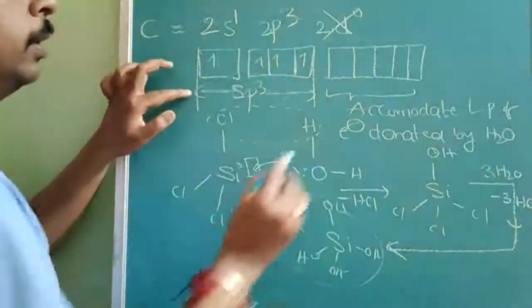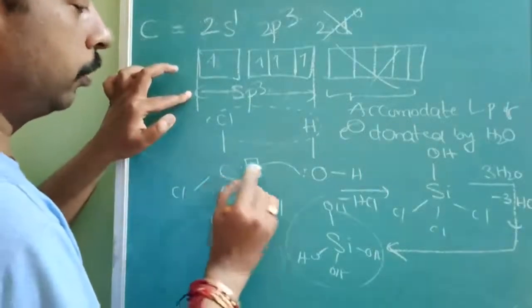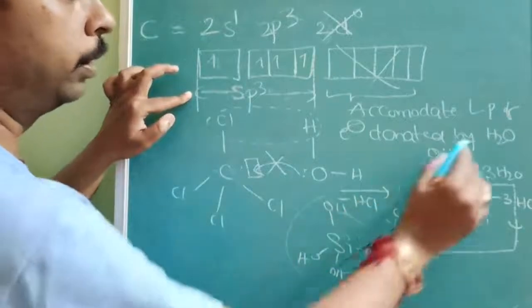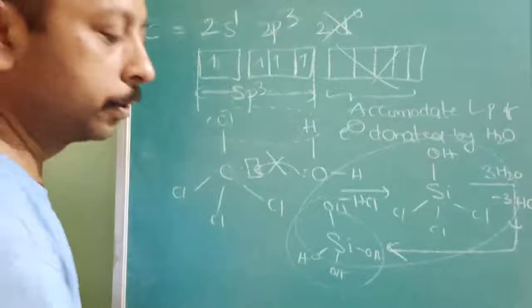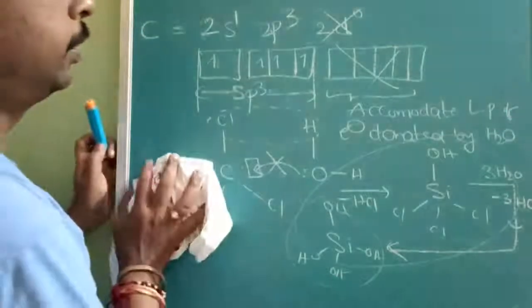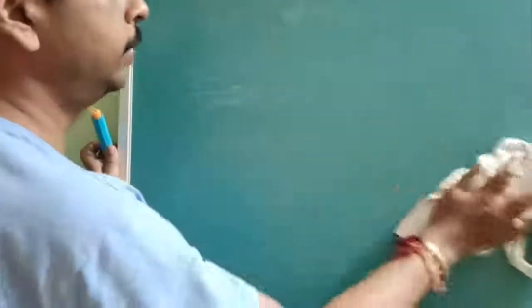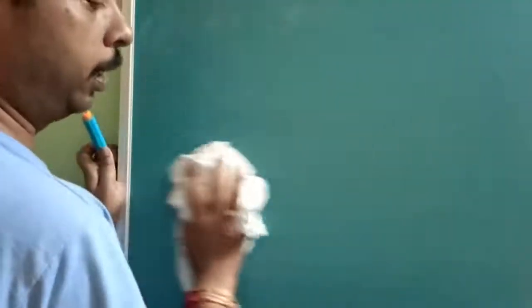Once 2d is not there, in carbon there is no place for accommodating the lone pair, so the further mechanism will not be possible. Is it understood? Why silicon tetrachloride is easily hydrolyzed to form silicic acid, but carbon tetrachloride does not hydrolyze.